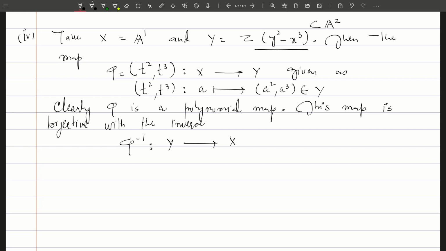So what we do, we define this map as follows: we take phi inverse at the point (a, b). Since this point (a, b) is in the set Y, which is the zero set of the polynomial y square minus x cube, this point is of the form (t square, t cube).